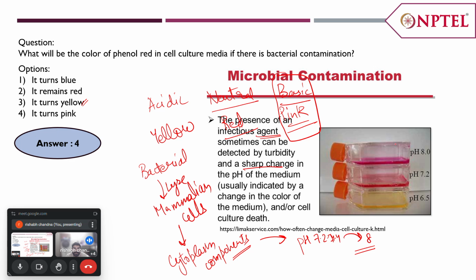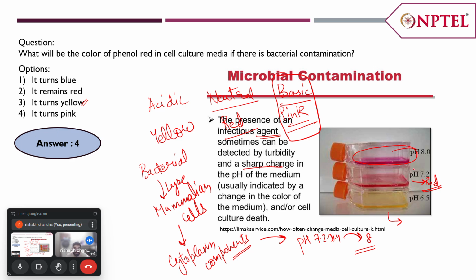As we can see in the image itself, this is the typical pH 8, and this is the exact color of how a bacterial contamination looks in a mammalian cell culture media. This is a normal red color, and this is the acidic color, which is due to the cell density being really high in the media, as I showed you with 100% confluent cells.